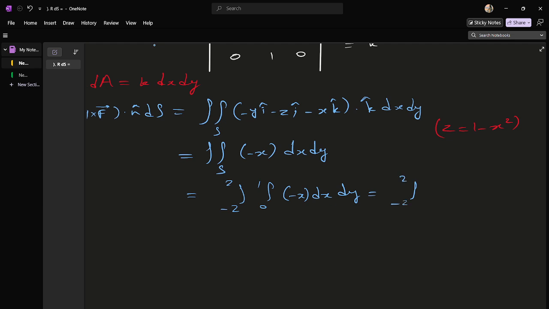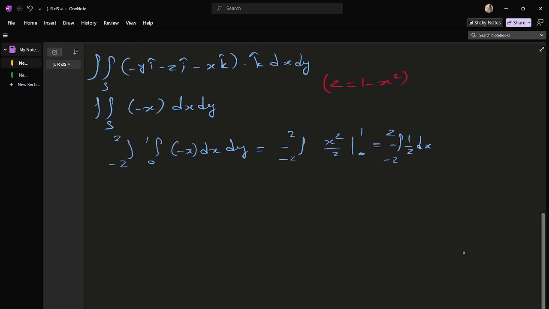integral from minus 2 to 2, and it is x square by 2, the minus will become outside, and it is 0 to 1, so from minus 2 to 2, it will be half dy. And then what will be done?